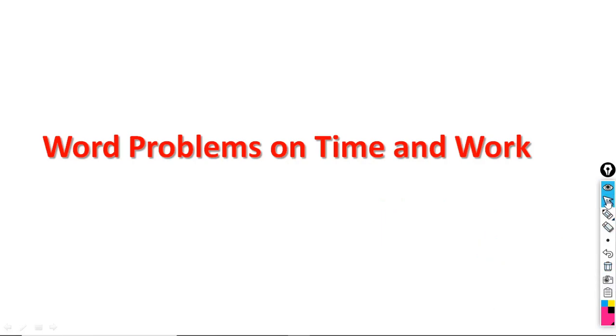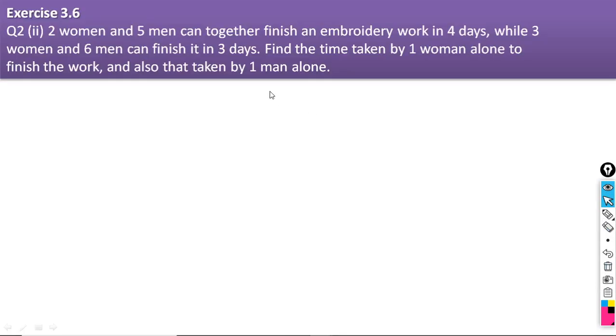Let us try some problems related to time and work. This is the first question. 2 women and 5 men can together finish an embroidery work in 4 days. Now students, first of all we consider that one woman can complete the work in x days.